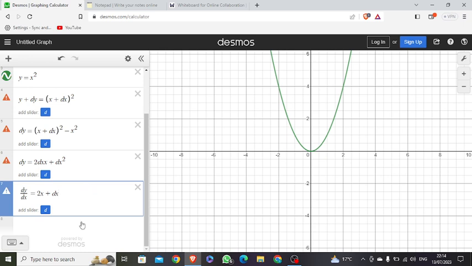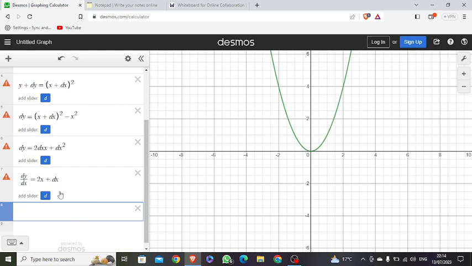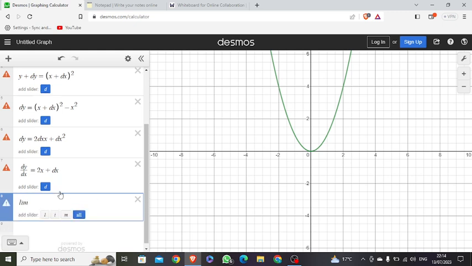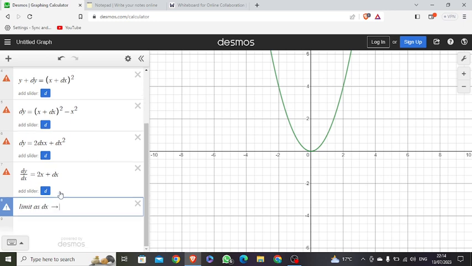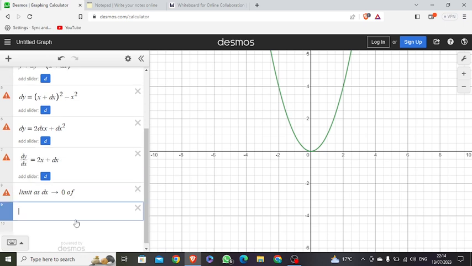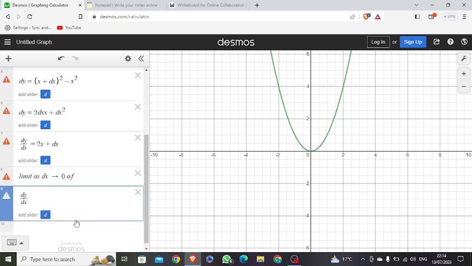So if we take the limit as dx approaches 0 of this function right here, we get dy over dx equals 2x.